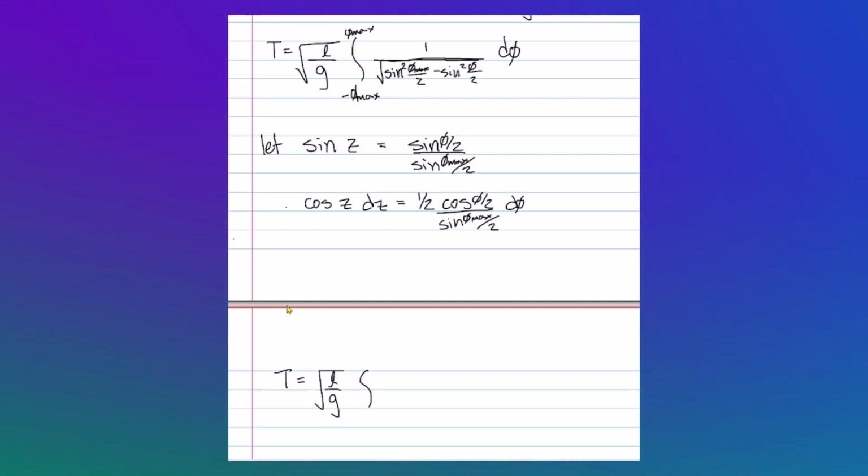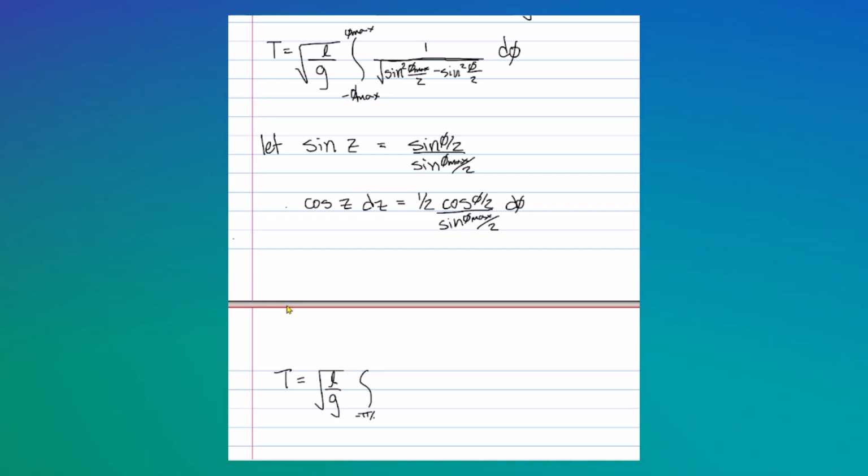Now, making sure to adjust the bounds of the integral, we now have an integral from negative pi over 2 to positive pi over 2.